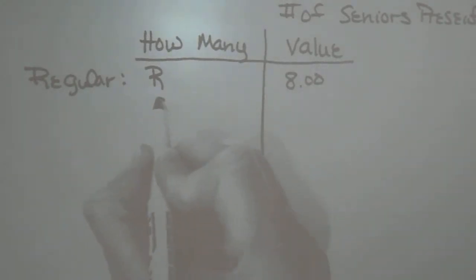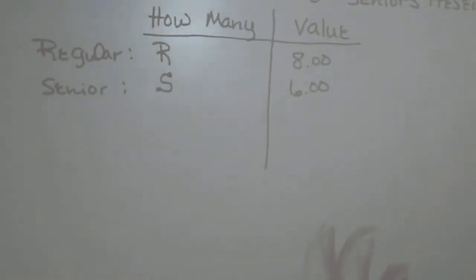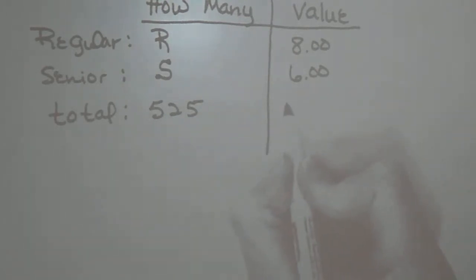And I like to use S for seniors. Senior citizen tickets have a $2 discount, so how much are we going to pay? $6, thank you. The next thing I'm going to put is 525, the total number of tickets sold, and the total revenue brought in that evening, $3,580.